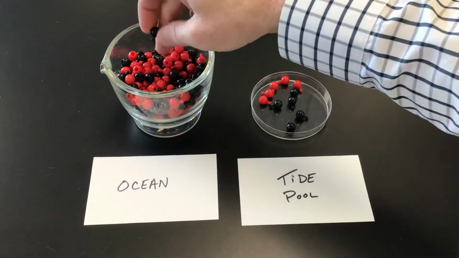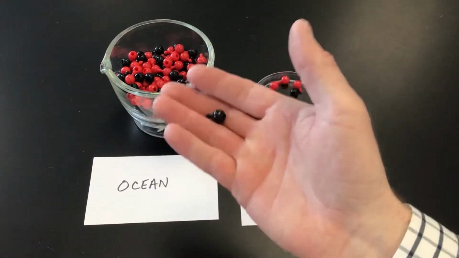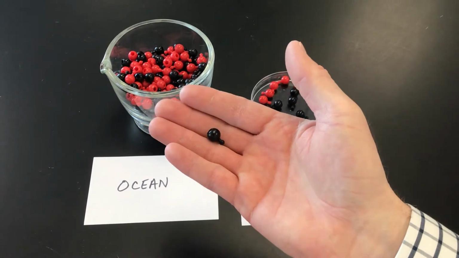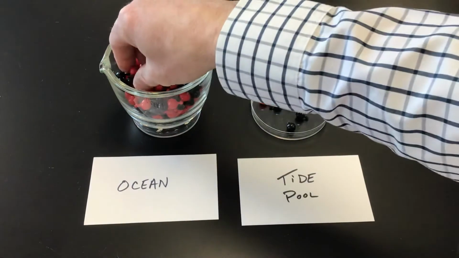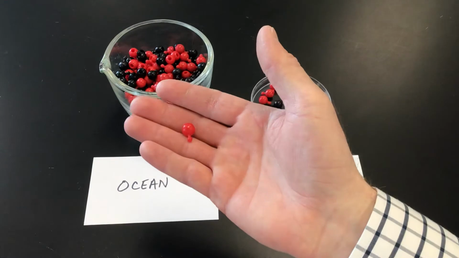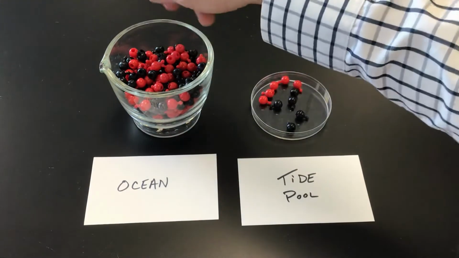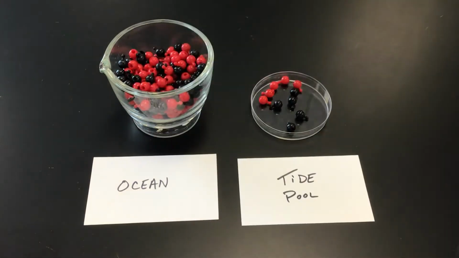And so black licorice has a genotype of capital B capital B, or capital B lowercase b. And then the red phenotype would be lowercase b lowercase b. And we'll just say this is Mendelian inheritance where the alleles are on different chromosomes, and the black allele is completely dominant to the red allele.